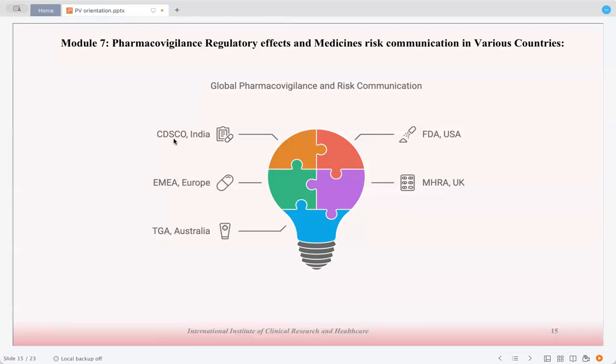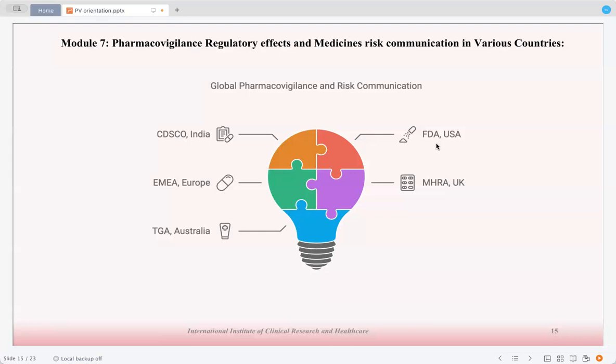Next is the FDA in the USA. The FDA is responsible for regulating drugs, biologics, and medical devices, and post-marketing safety reports like PADER and MedWatch. The FDA communicates risk via public health advisories, drug labeling updates, and product recalls to safeguard public health.